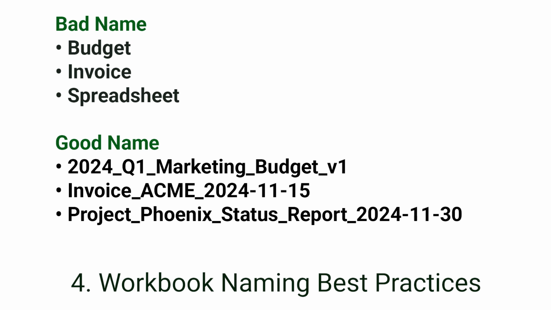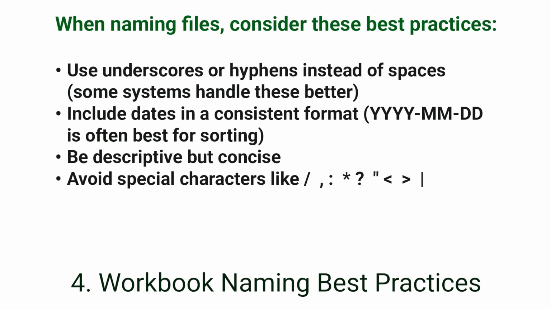Good name: 2024 Q1 Marketing Budget V1. Invoice, Acme, 2024 11/15. Project Phoenix Status Report, 2024 11/30. Naming your files smartly is just as important as the data inside them.